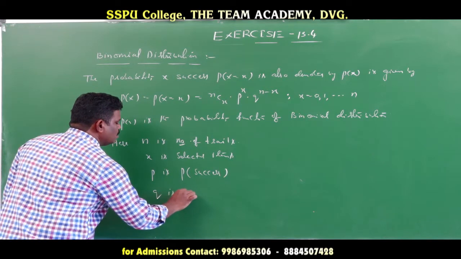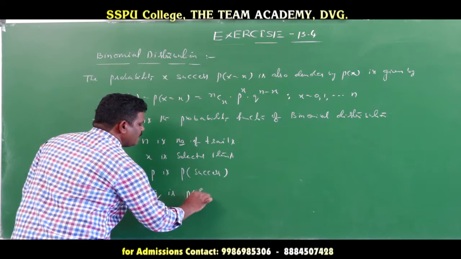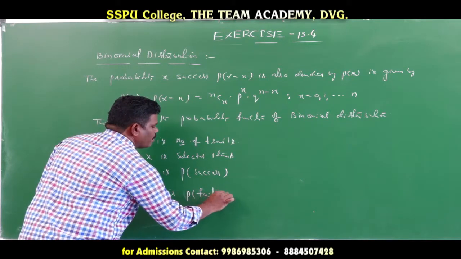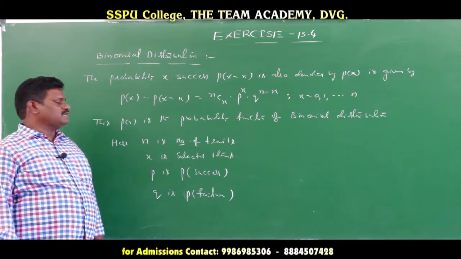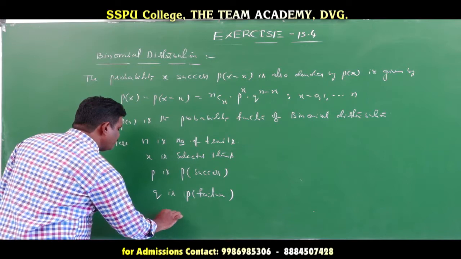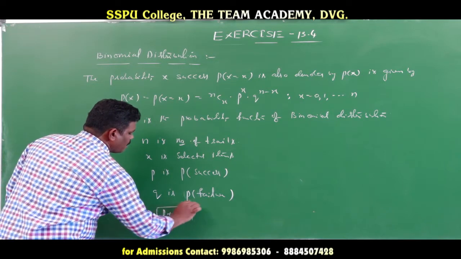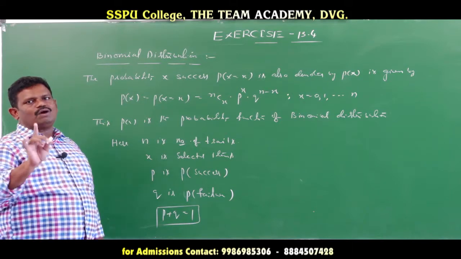Q is the probability of failure. In Bernoulli trials also, P is the probability of success and Q is the probability of failure. These two always sum to one, so P plus Q equals 1.